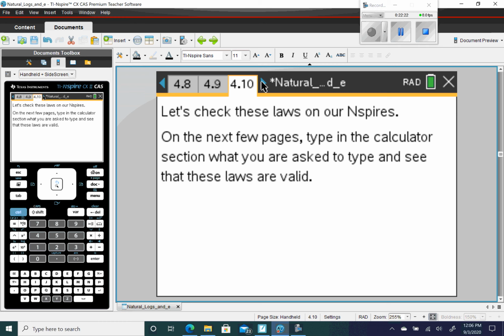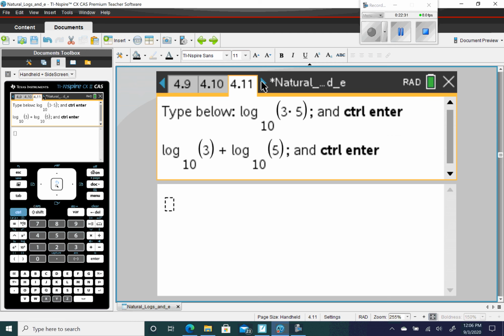All right, so again, just do these on your own calculator. Pause the video if you need to.